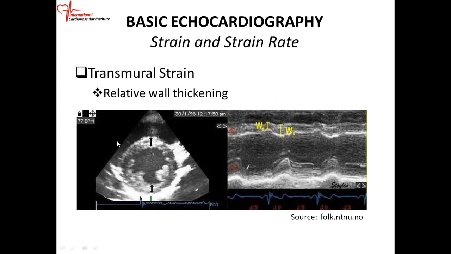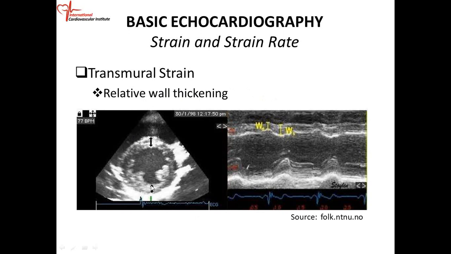So this is what we call radial strain. So if you look at the heart, if you look at the short axis, and this is at the mid cavitary level because you have the papillary muscles. In systole, the heart muscle thickens.